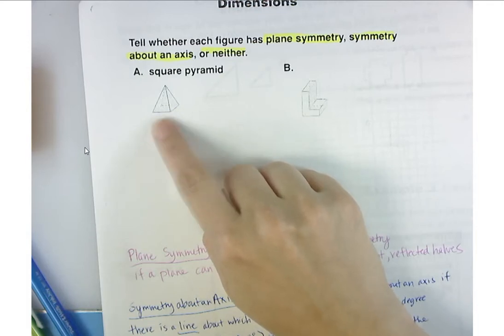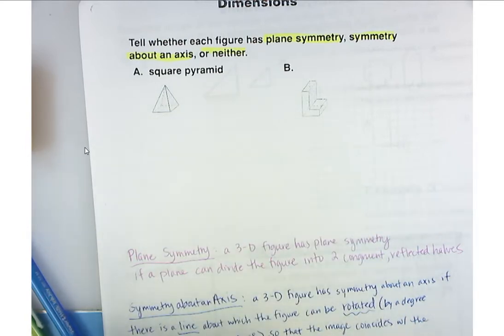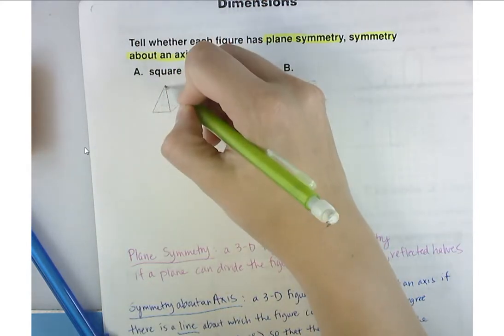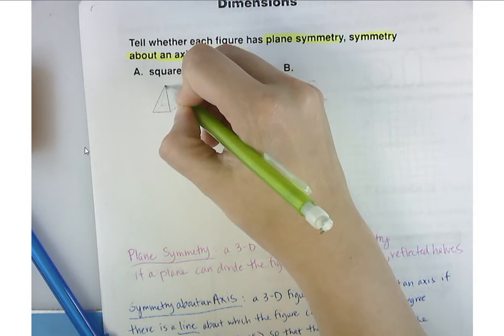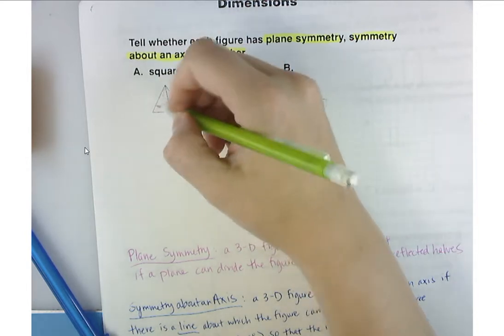Is the base a regular polygon? Yeah. So if it's a regular polygon, you're going to be able to cut it in half. So we're going to draw a picture of this. Really what you have to imagine is a piece of paper slicing this in half.